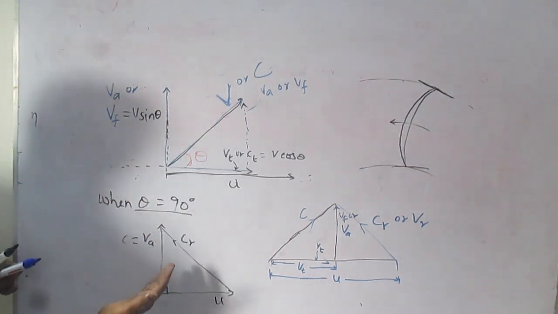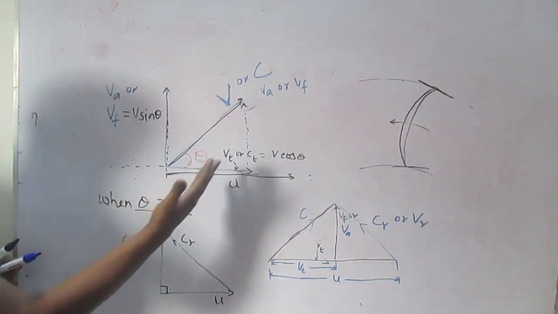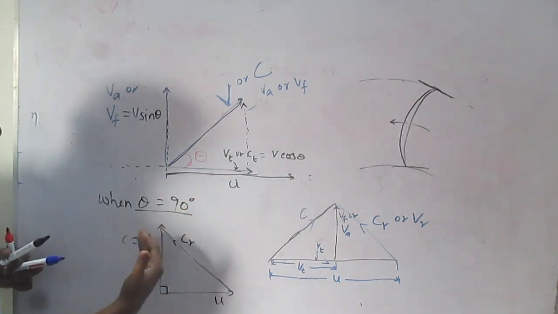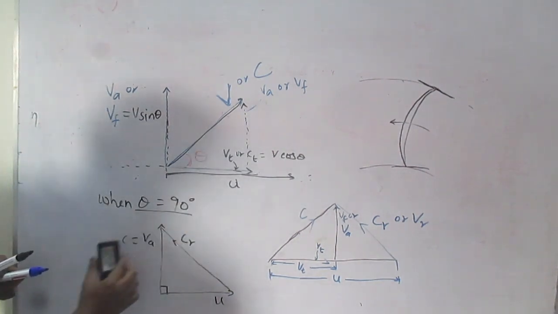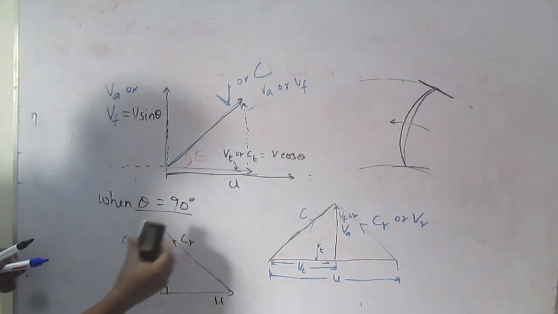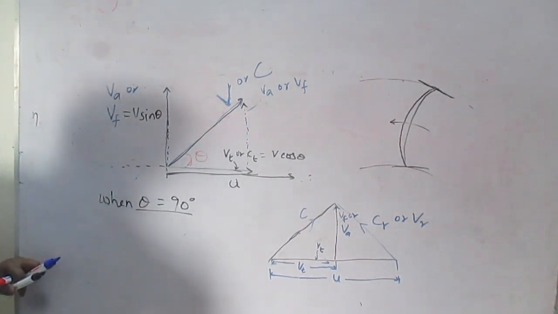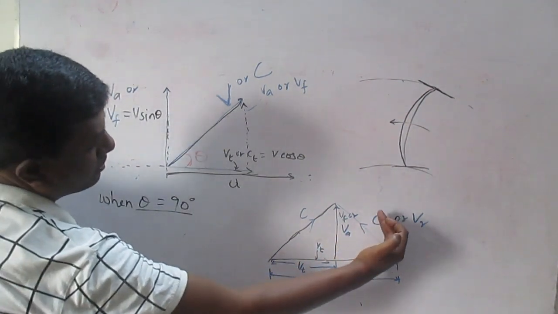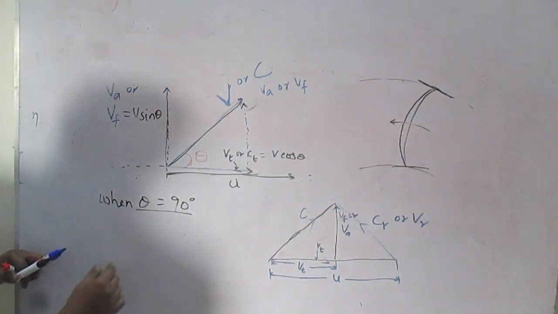That case also we can find out. Suppose we want the radial velocity as the axial component, then we have to modify the condition. This is for the condition when theta equals 90 degree.